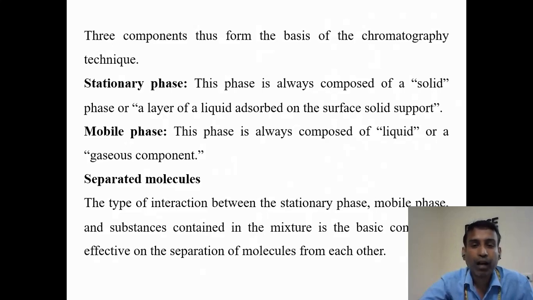It depends on our requirement and on the category of the sample analyzed. We have to select the stationary phase as well as the mobile phase carefully, and it will give a better and more accurate result.